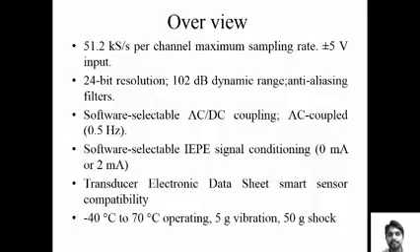51.2 kilo samples per second per channel maximum sample rate, plus or minus 5 volts input, 24-bit resolution, and 102 dB dynamic range, anti-aliasing filters, and software selectable AC coupling, and software selectable IEPE signal conditioning, that is minimum 0 milliamps to maximum 2 milliamps.